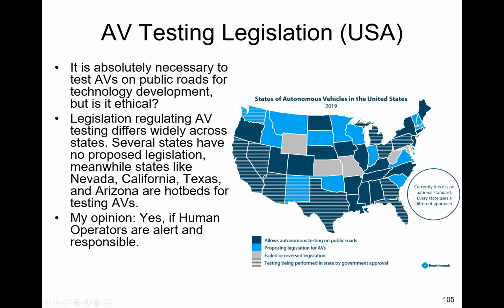If you notice the common points among the 4 states, Nevada, California, Texas, Arizona, they all have dry, sunny weather, and that's important for AVs. If you are in Michigan with all the snow, then it's pretty much impossible.